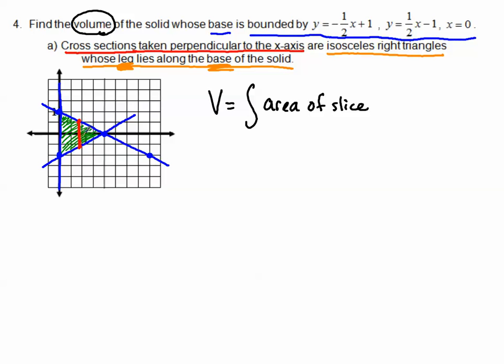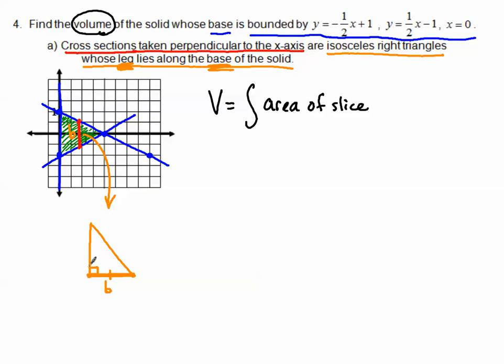So when I take out and look at it from the front, one of the legs is along the base of the solid. So here is a right triangle. This is the part that's sitting in our cake or bread pan right here. That, if I call that B, that base length, is the leg.